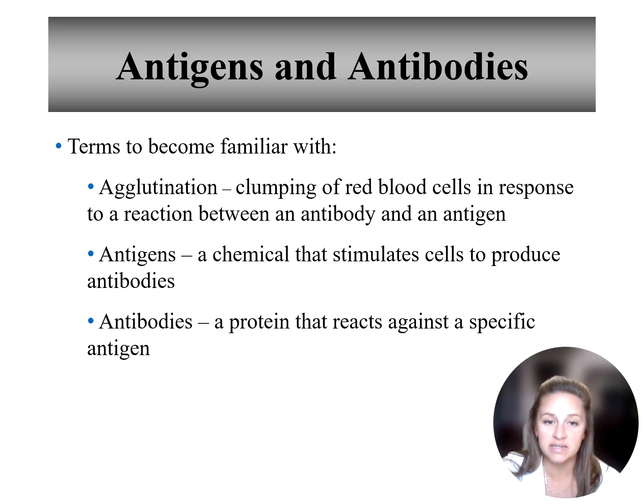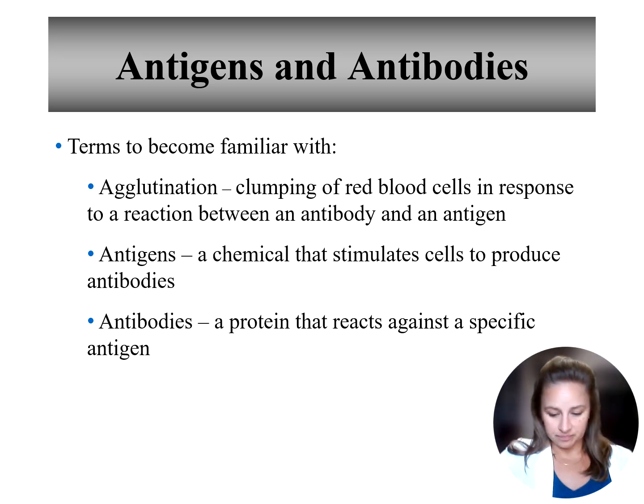And then antibodies are proteins that react to specific antigens. Antibodies are usually found on immune cells, and antigens are found on the other cells, and they recognize each other in a very specific way. And we'll talk a lot about antibodies and antigens when we talk about the immune system.